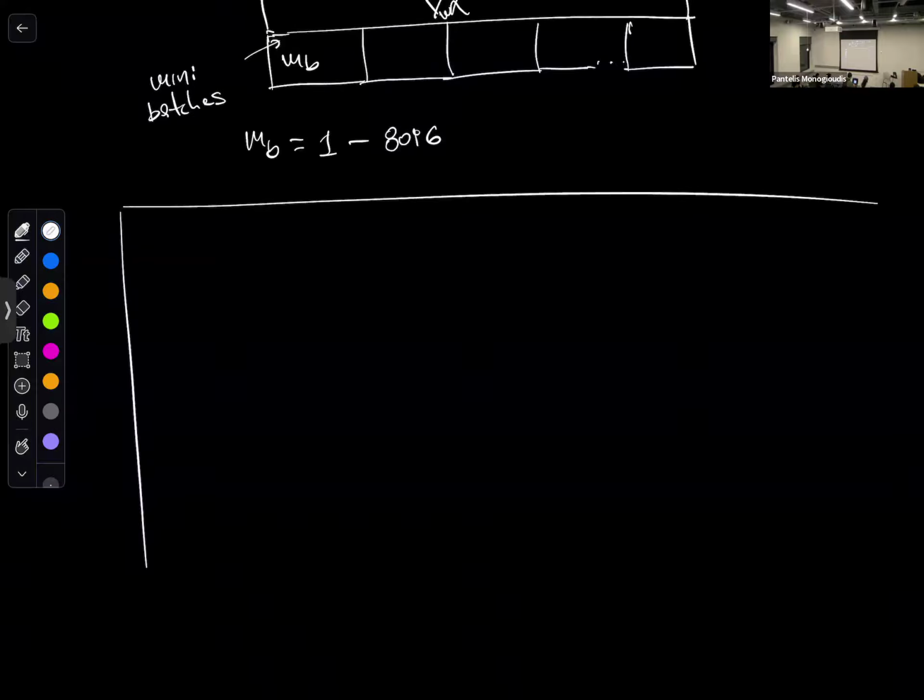Open a parenthesis. Sum rule. As you can see in the video, I'm deriving the sum rule and product rule for the simplest possible problem ever, which is binary random variables, and two random variables only.